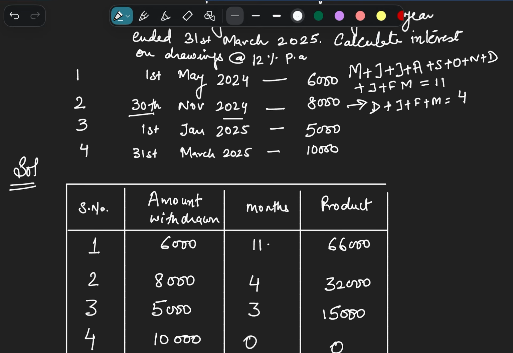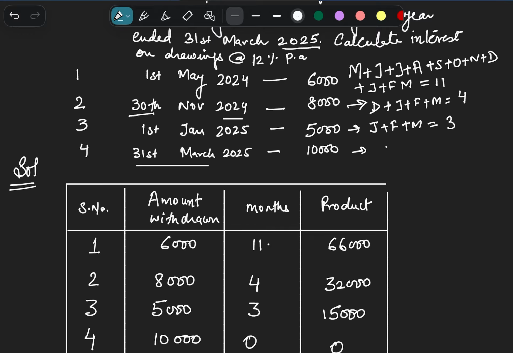Then the third drawing was made on 1st Jan. How many months are there? Jan, Feb, March. 3 months. And the last drawing was on 31st March. Please see that this is the last day of the month, and the financial year is also ending, that is 31st March 2025.